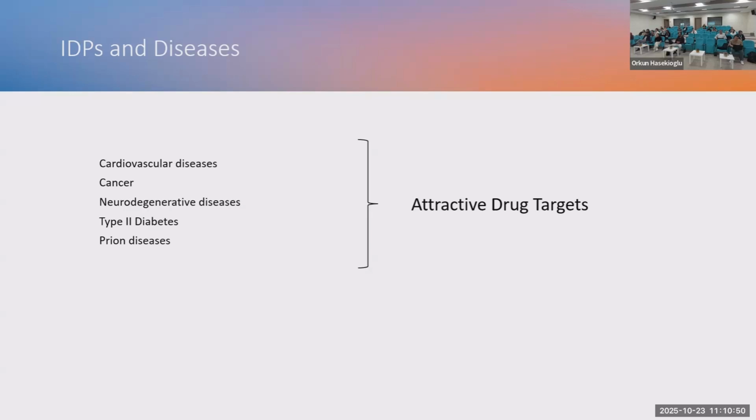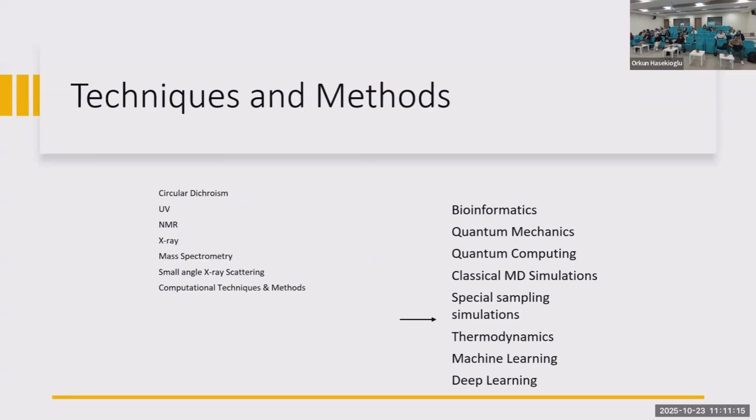So in neurodegenerative diseases, for example Alzheimer's and Parkinson's diseases, scientists have been investigating for decades, and there is no solution. We hope that our methodology will help produce more useful and efficient drugs.